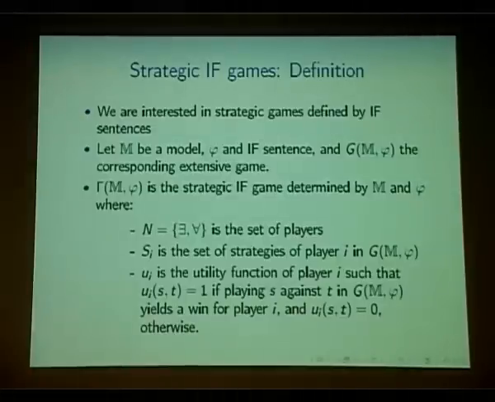Then the utility functions are defined straightforwardly. The existential player plays a strategy sigma against the universal player who plays a strategy pi, and then a play of the extensive game is obtained, and the payoffs for those particular strategies are obtained directly from there.